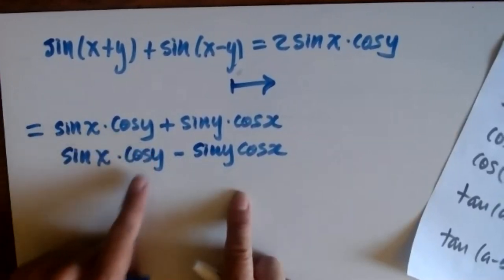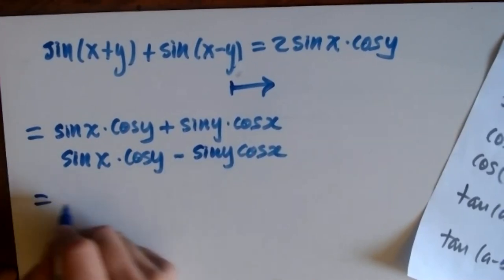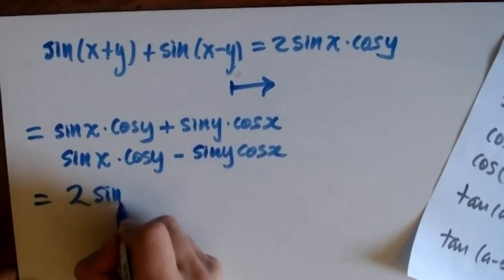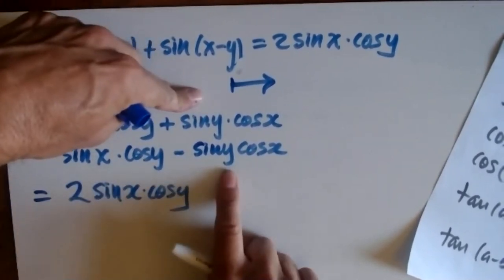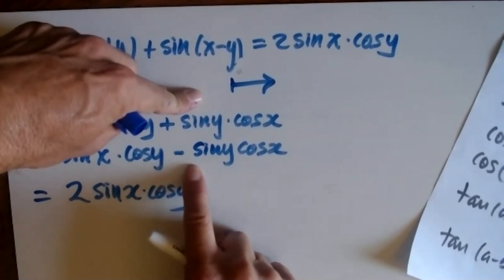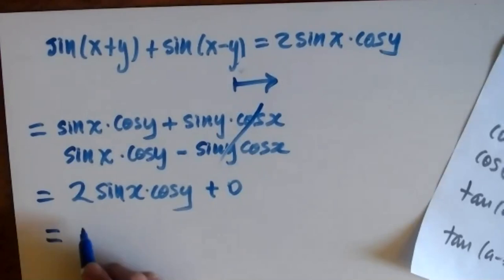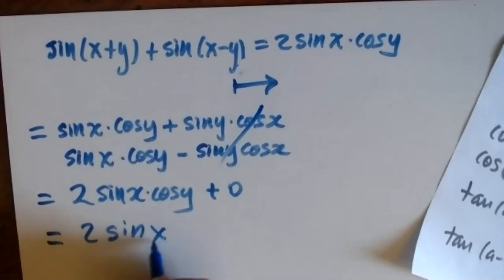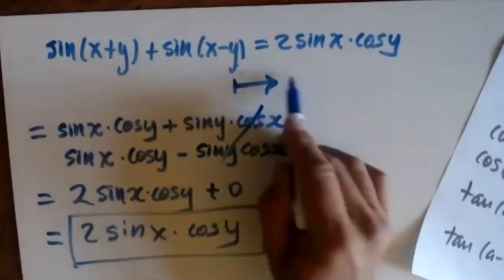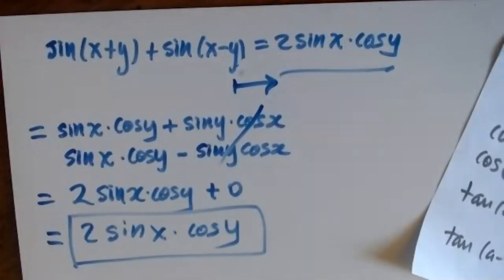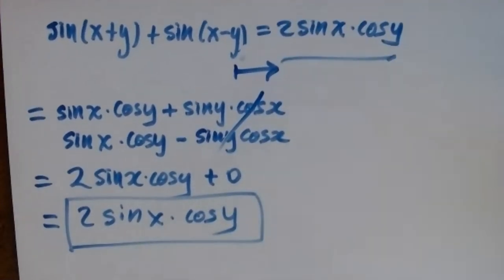These two are the same, so you add them. You have 2 sine x cosine y, and these two are the same with different signs, so they cancel, plus 0. So my answer is 2 sine x cosine y, exactly what you want to prove. So this is going to be another easy one.